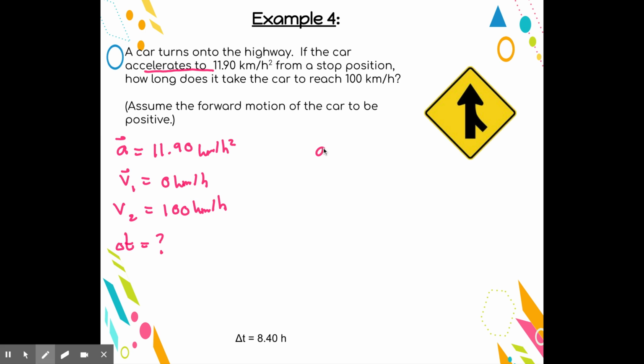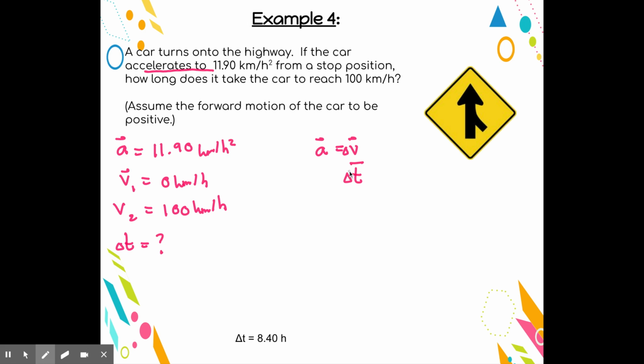Okay, so formula. Delta v over delta t. This one, I like to rearrange right off the bat. So I'm looking for delta t, which means I need my t on top. So I have to move it to my other side.